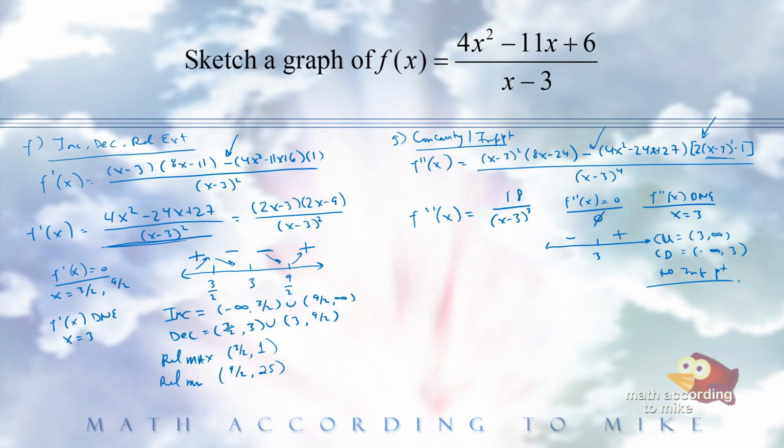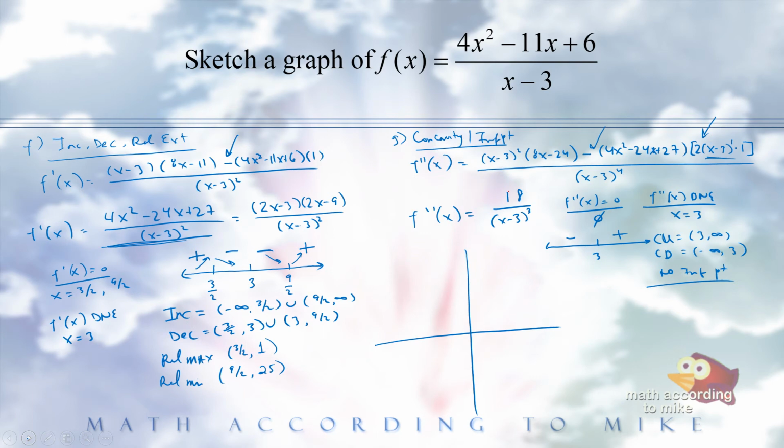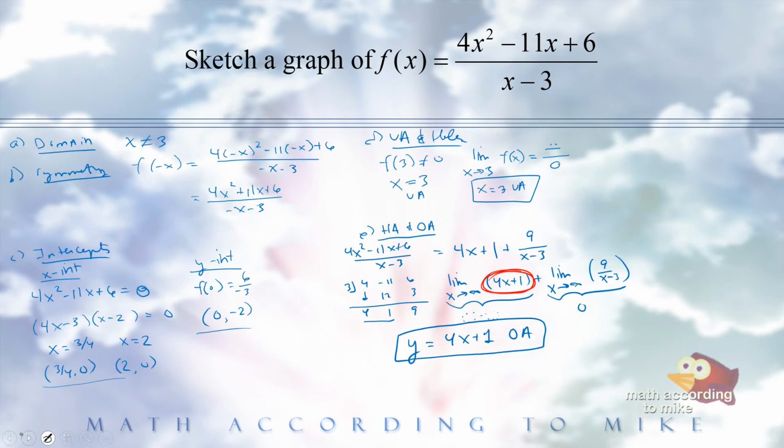All right, putting everything together, we can make our graph. We previously found an x-intercept at 3/4, 2. Y-intercept at -2. Vertical asymptote at 3.